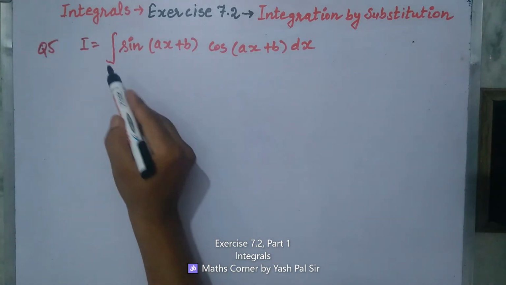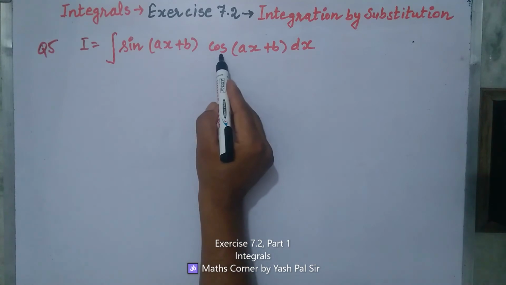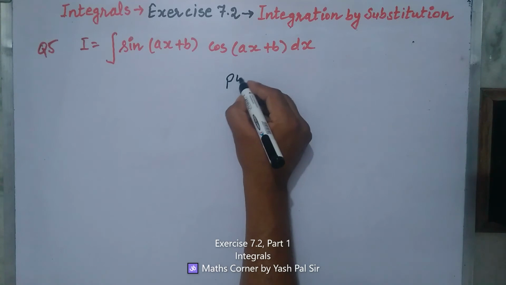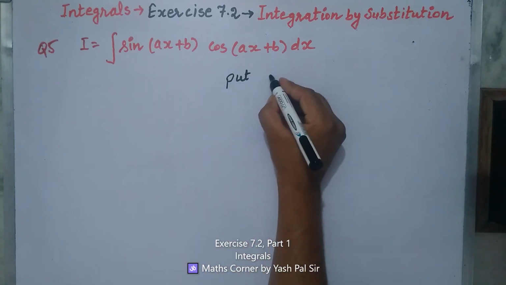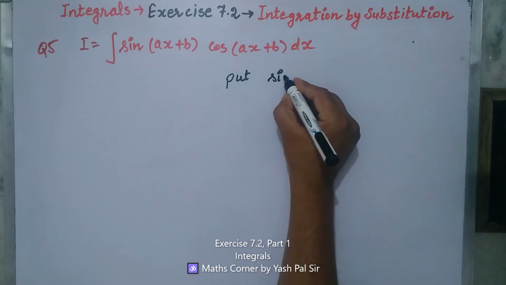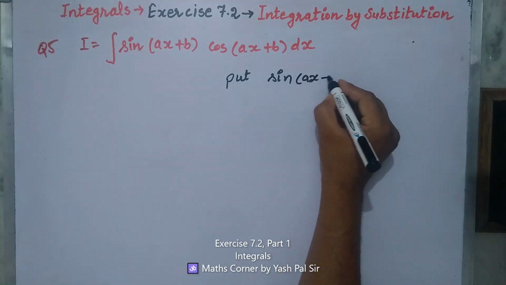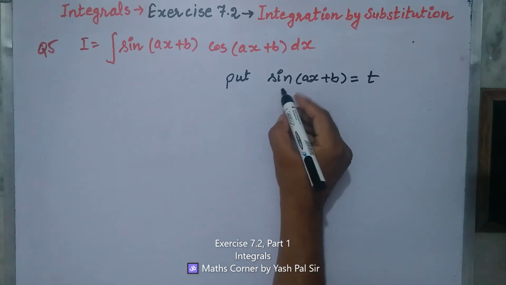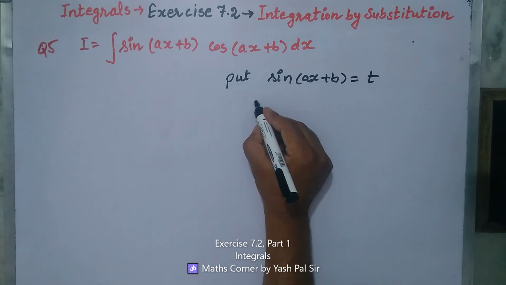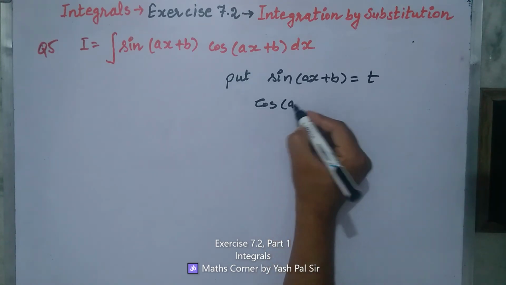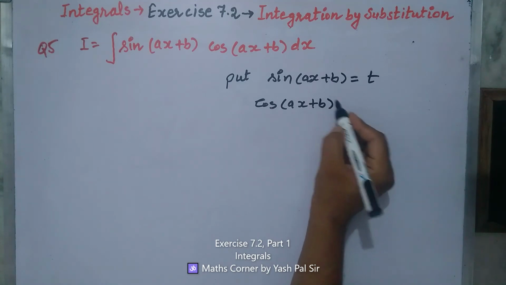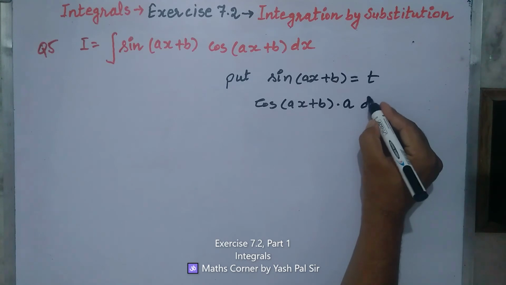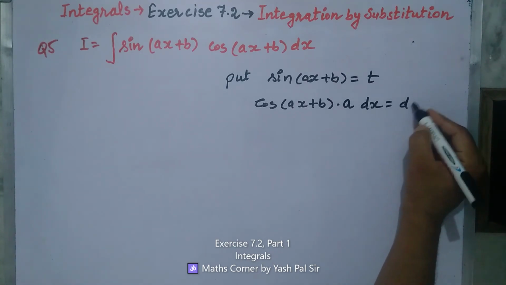Question number 5, I is equal to the integration of sine of (ax plus b) into cos of (ax plus b). So what we do now, put any one function, suppose sine of (ax plus b) is equal to t. Differentiating with respect to x, the derivative of sine is cos of (ax plus b). Because of the chain rule, again the derivative of ax plus b is a, into dx is equal to dt.